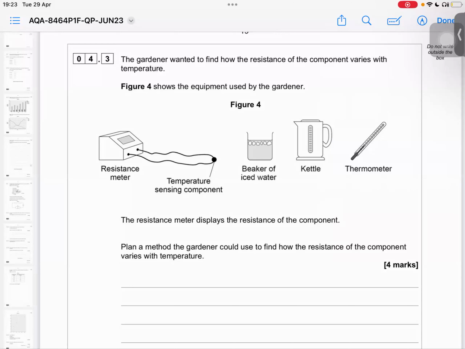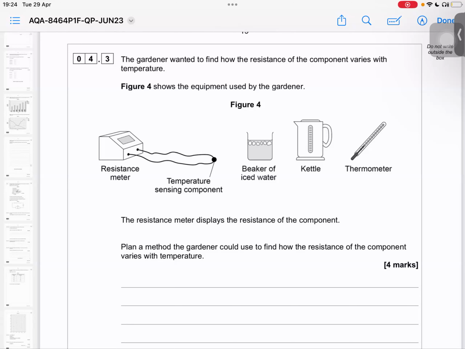So as I was saying, we'll use the thermometer to record the temperature. Remember, the resistance meter has already given us the resistance. So we record the resistance and use the thermometer to record the temperature.